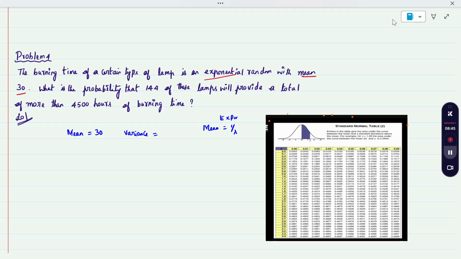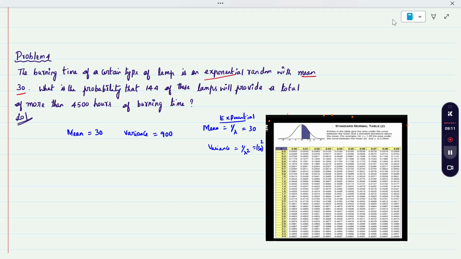This we have studied in the second unit. So variance is nothing but 1 by lambda squared. It is the same, 30 whole squared. So 30 whole squared is nothing but 900. So mean is given to be 30 and variance is given to be 900.